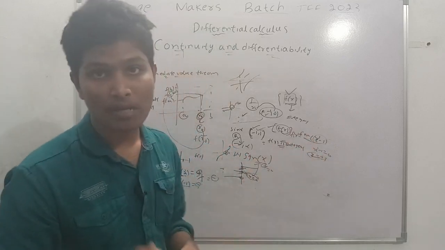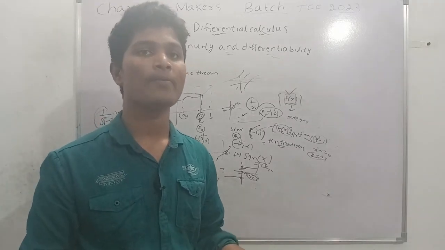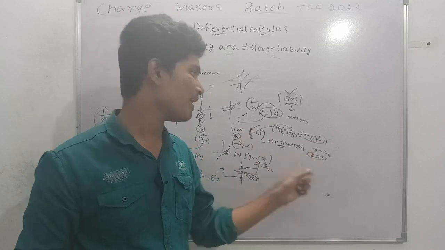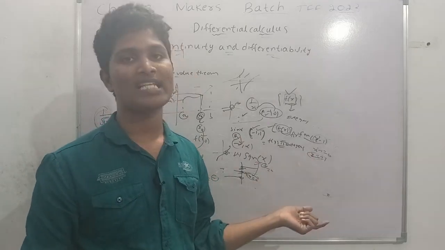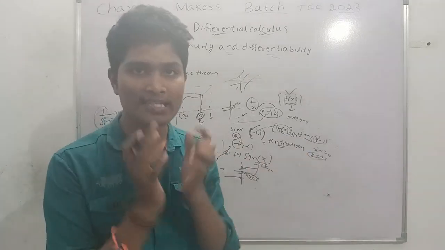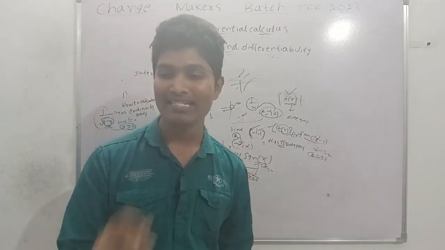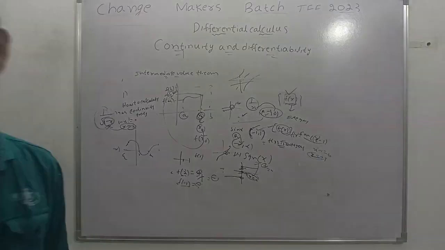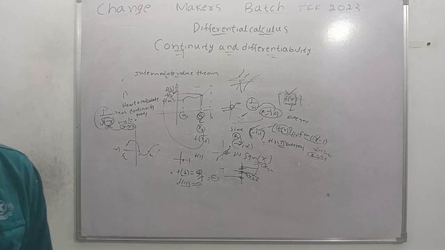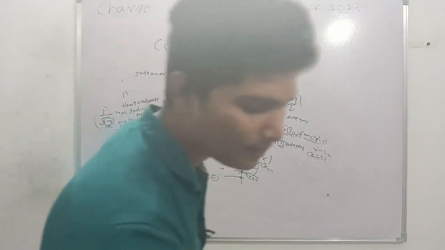At x equal to minus 1 and also x equal to 1, this function signum is getting 0. So at 0 you can say the function breaks and the function is discontinuous. You have to check the signum values. So now this continuity part is completed.